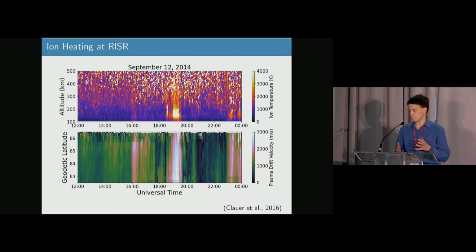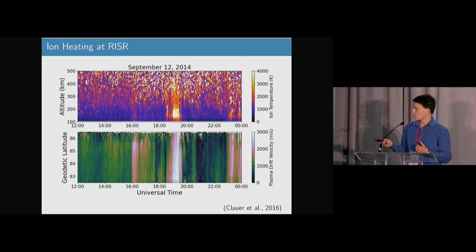You have drift, and it causes this kind of heating event. I wanted to show this example because it's a really cool example that demonstrates this concept and shows the capabilities of the RISR facility.